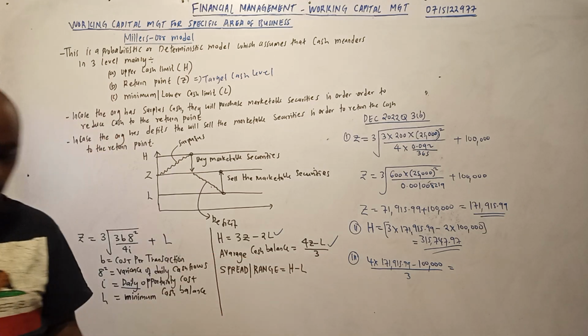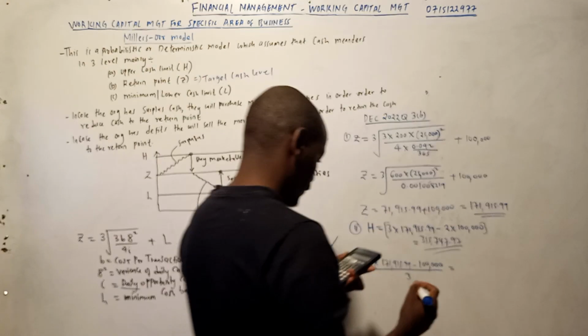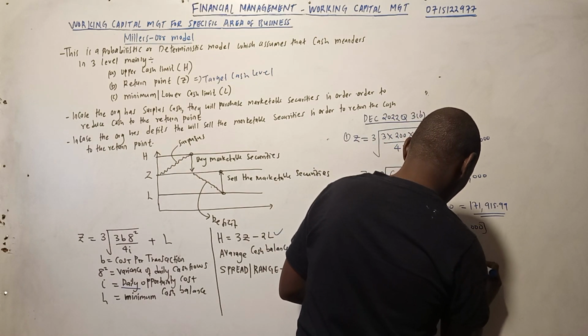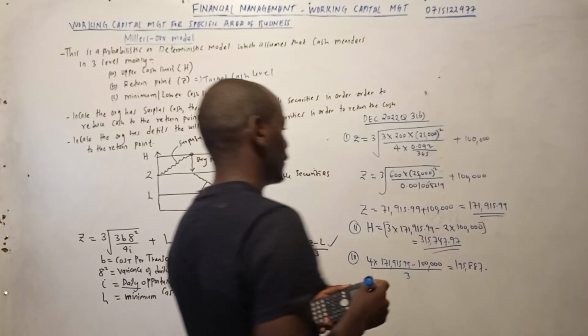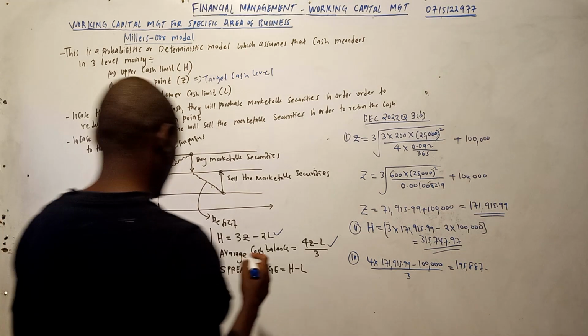So ni 4 times 171,915.99 minus 100,000 divided by 3. This one is 195,887. Then the spread ya mwisho.